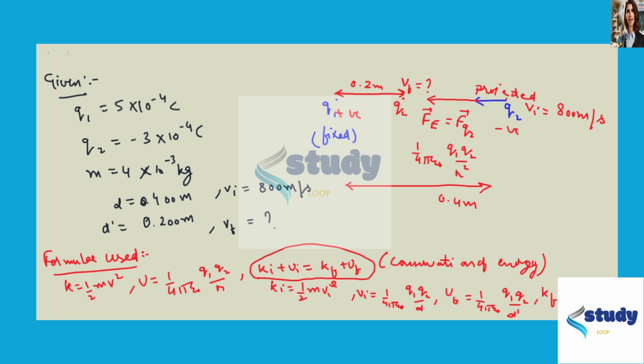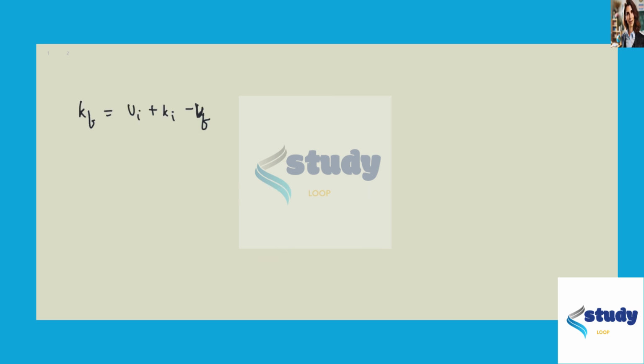Now putting all these quantities here, we have half m V final square equals to 1 by 4 pi epsilon naught q1 q2 over d plus half m Vi square minus 1 by 4 pi epsilon naught q1 q2 over d prime.